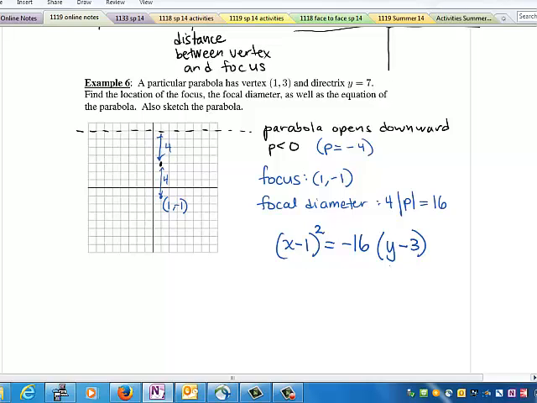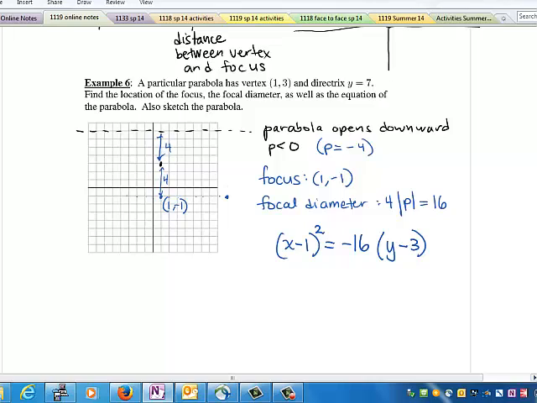So here we've got the equation for this parabola, and it asked us to sketch. We have everything in place except we haven't used the focal diameter. We want to go 8 to the right and left from this focus to get our key points. 1, 2, 3, 4, 5, 6, 7, 8.